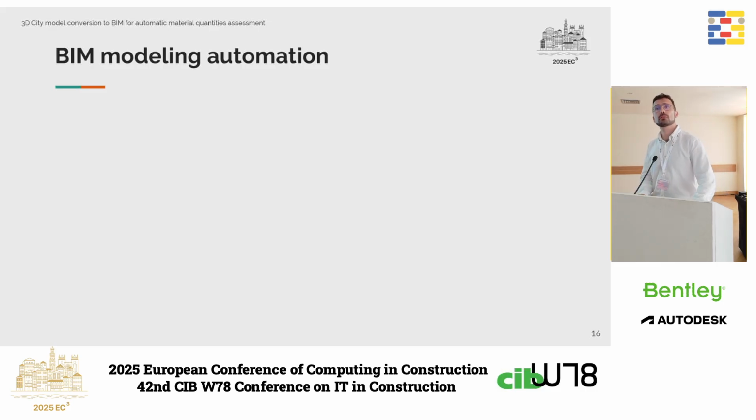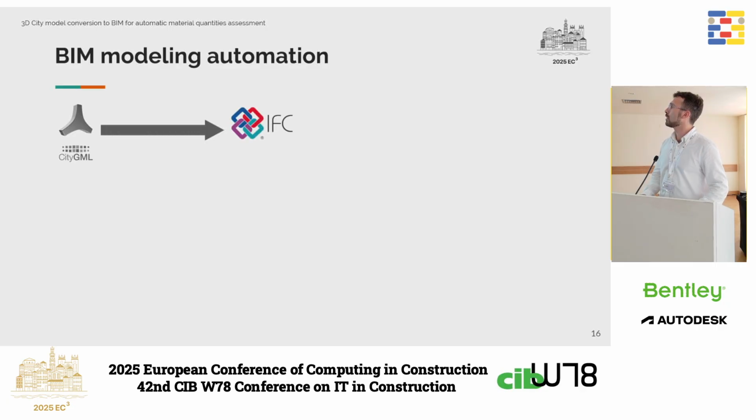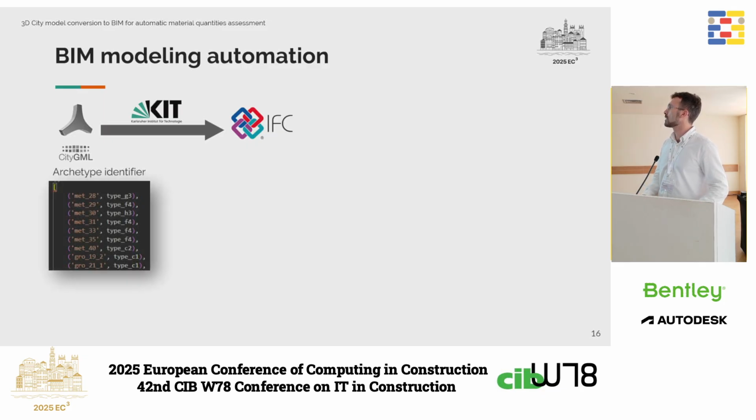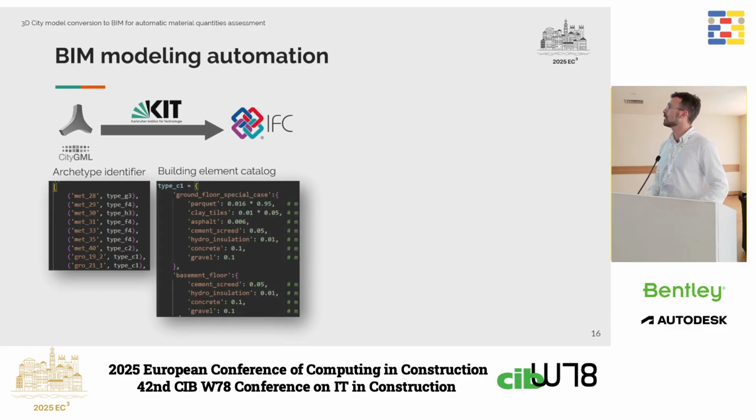So we managed to automate this by, first of all, converting CityGML to IFC with the KIT model viewer. That gets us quite a rough IFC structure, which we adjust later. We use an archetype identifier, so manually assigned archetypes for each building, and also we have a Python dictionary specifying every material layer with its material type and thickness.